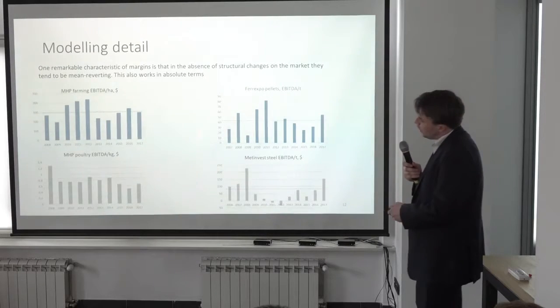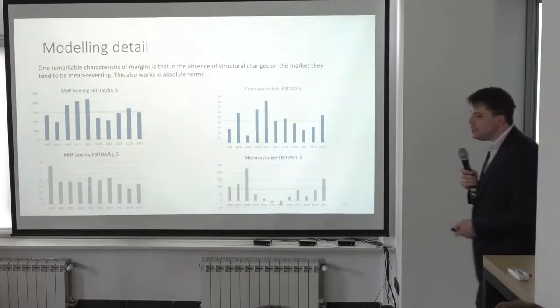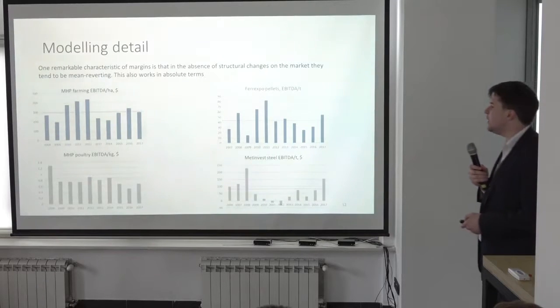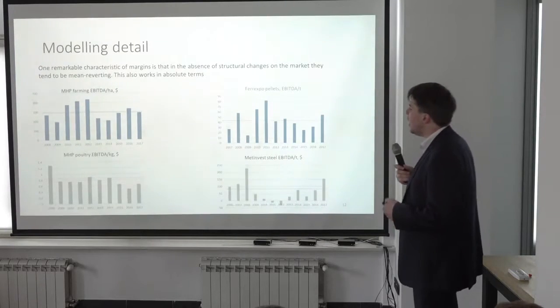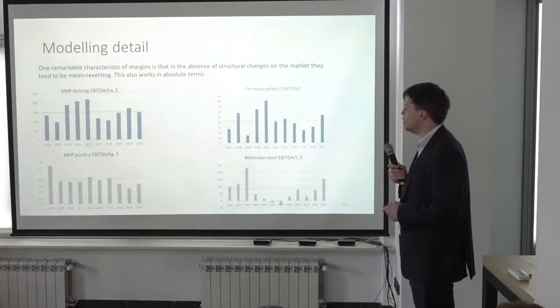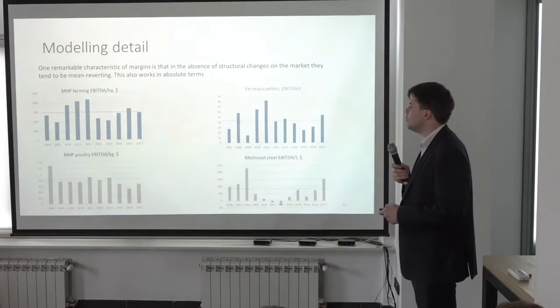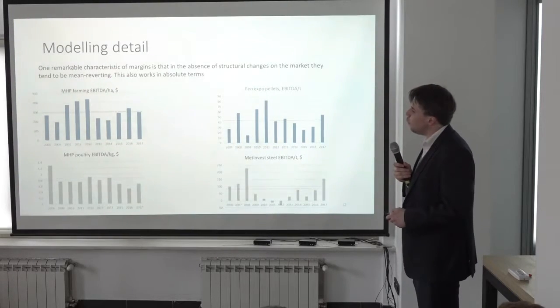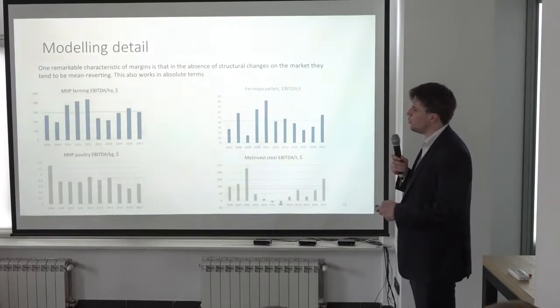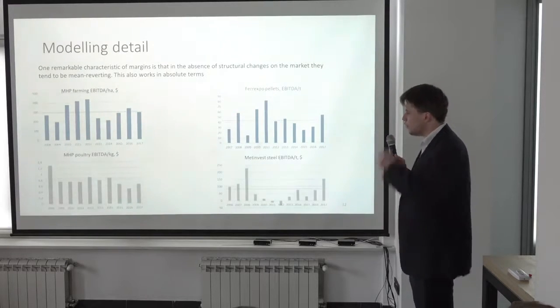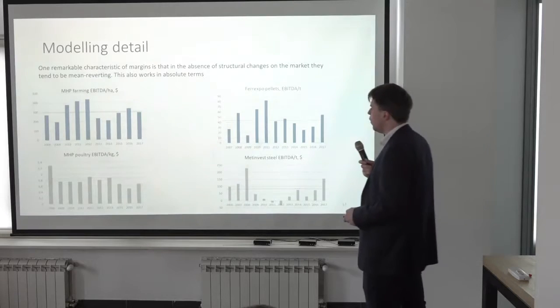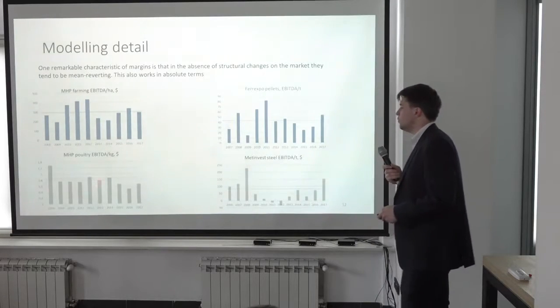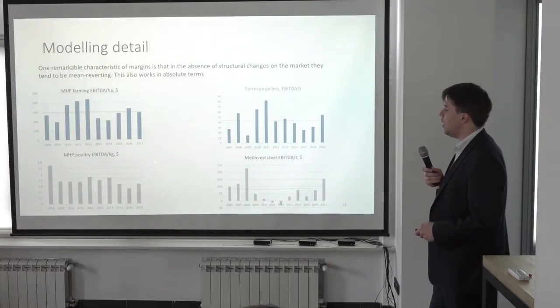Why is this happening? Why does this work? Really, the reason is that in the end, margins are actually more important than revenues and costs. If you take MHP and their poultry segment, what happens when the price of grain goes up, when their costs are going up?